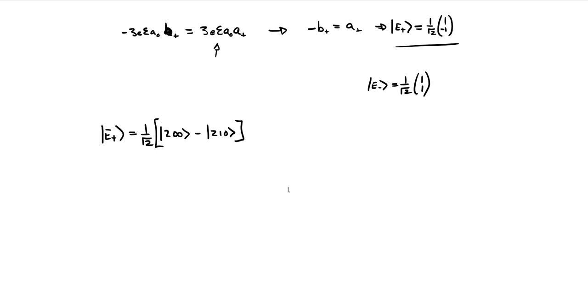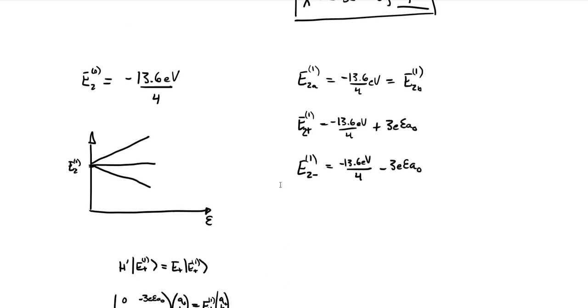It's a combination of those two states, and the E minus state is 1/√2 of |2,0,0> plus |2,1,0>. So those are the two states. If we look at this plot here, our E plus state goes up, our E minus state goes down, and the states that stay the same are the |2,1,1> and the |2,1,-1> states.